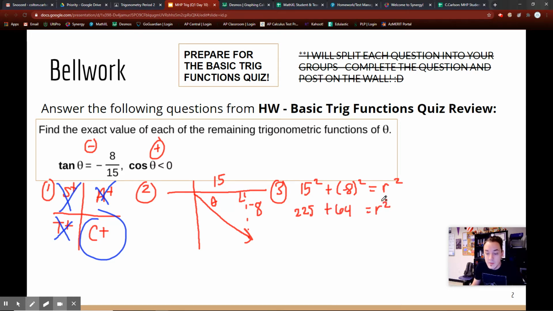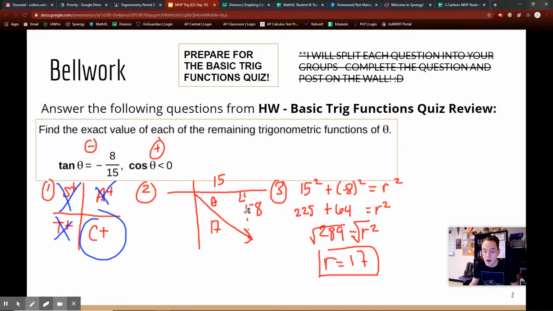So 225 plus 64 is going to give me 289 equals r squared. I square root that, 289, and that's going to give me 17. So this is going to be my r, 17.